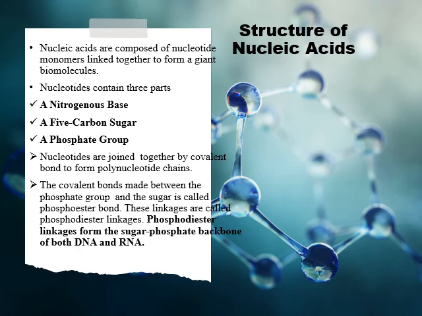The covalent bond made between the phosphate and the sugar is called a phosphodiester bond. The phosphodiester linkage forms the sugar-phosphate backbone of both the DNA and the RNA.